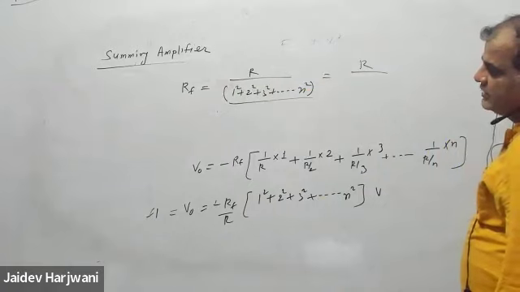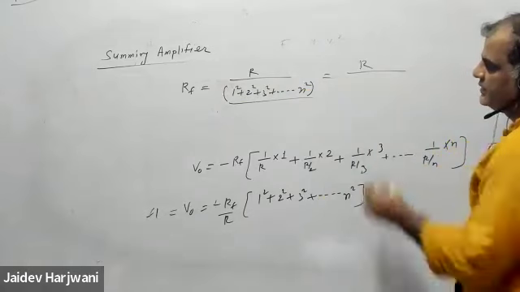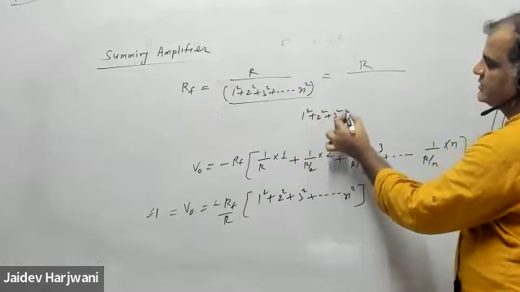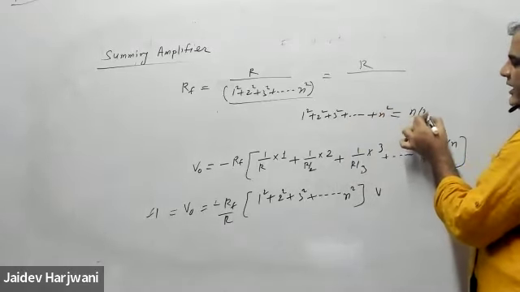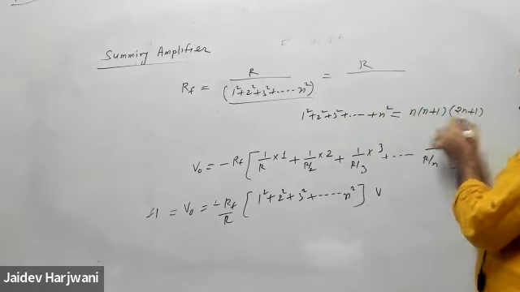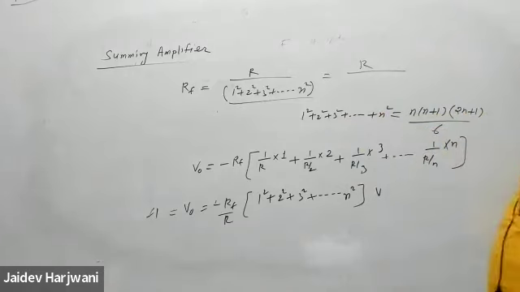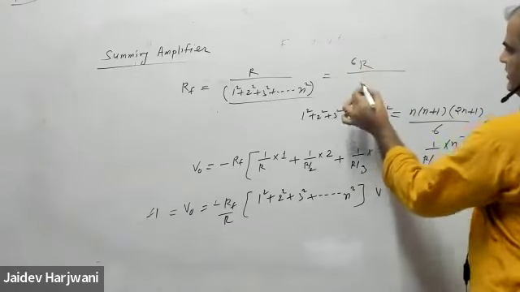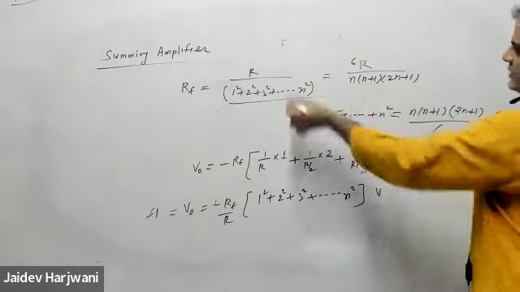What is the sum of squares of natural numbers? 1 square plus 2 square plus 3 square up to n square is equal to n into n plus 1 into 2n plus 1 divided by 6. Is this formula you remember or not? So this will now become 6R n upon n plus 1 into 2n plus 1.